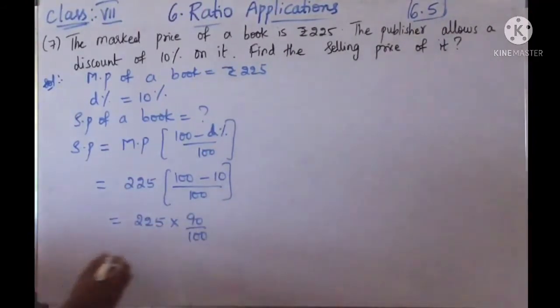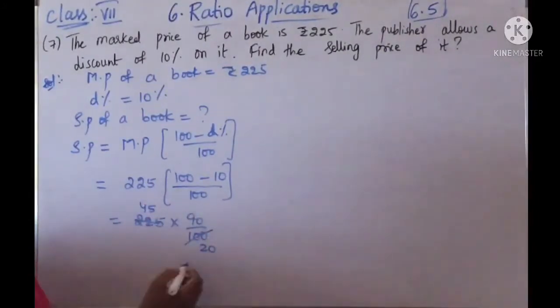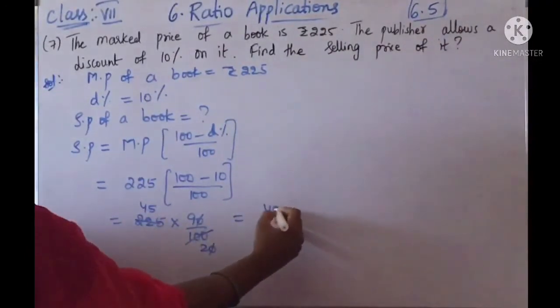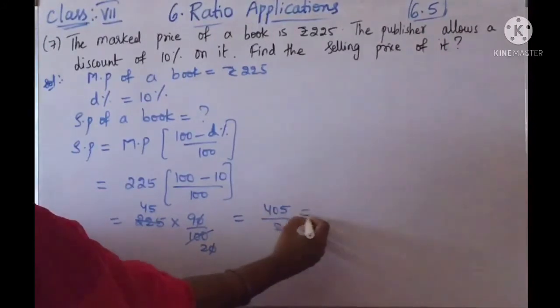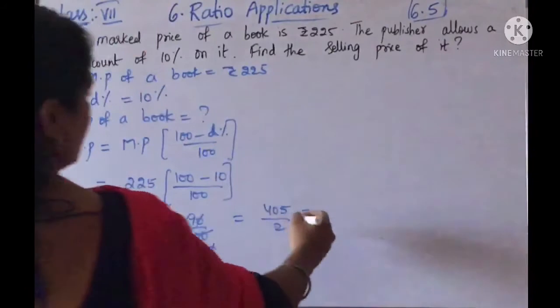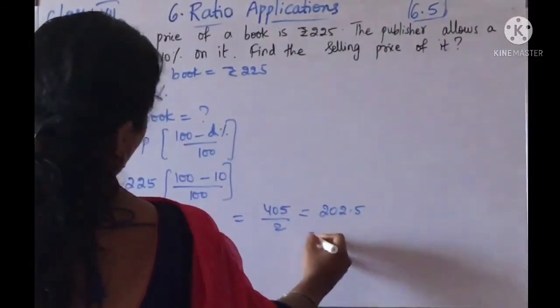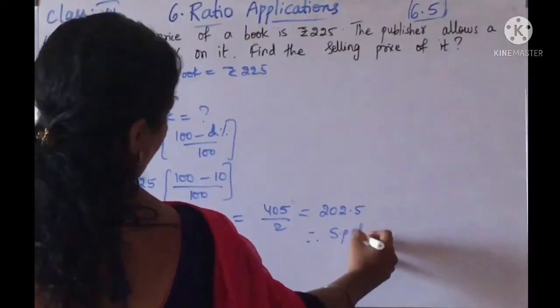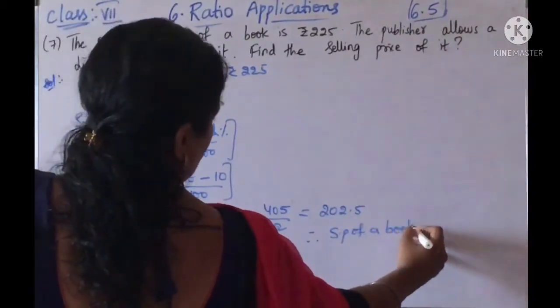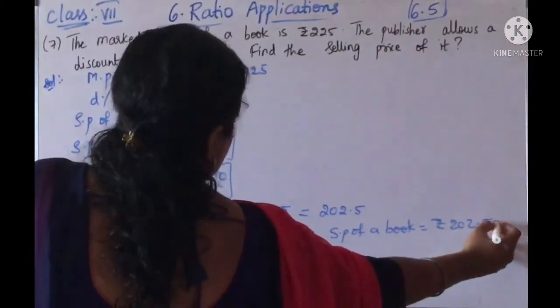So when you cancel with 5 table, 20 is a, 45 is a, again 0, 0 gets cancelled. So 45 into 9 is how much? 405. 405 by 2. Yes? 40 by 2 means 20, 2.5. So therefore selling price of a book is nothing but 202 rupees 50 paise.